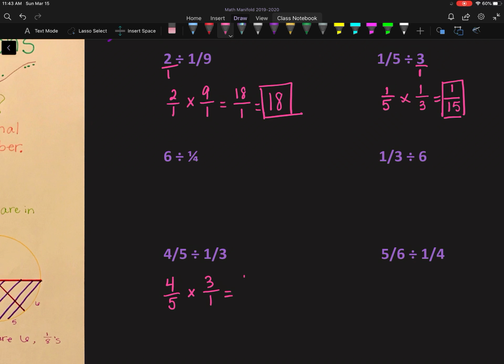Then I'm going to multiply my numerators to get 12, multiply my denominators to get 5. 5 goes into 12 2 times, and I'm left with 2 pieces. So it would be 2 2/5. So 1/3 can go into 4/5, 2 2/5 times.